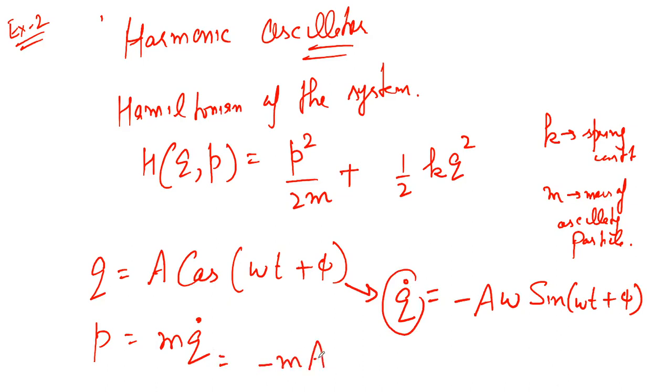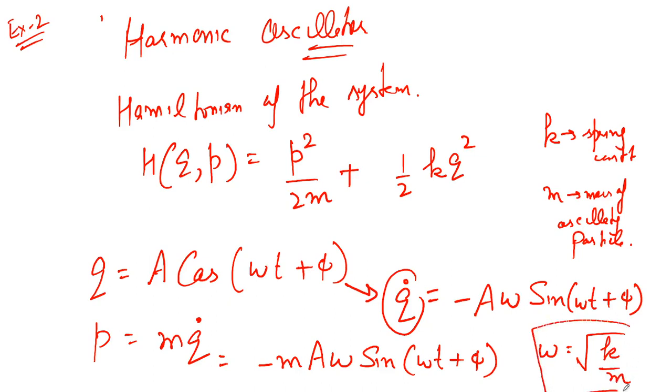So this comes out to be −maω sin(ωt + φ), where ω is the angular frequency, which depends upon the spring constant, so that is equal to the square root of k over m.